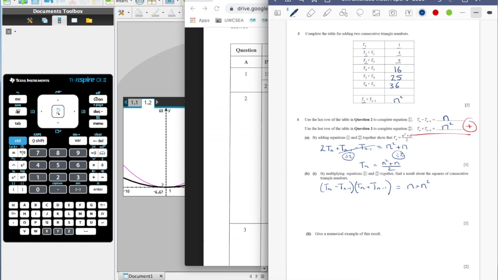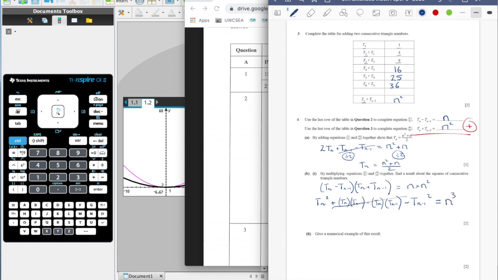Now what we've got here is a factorized difference of 2 squares. So we could simplify, and we could, in fact, let's do it. So we get Tn squared, plus Tn minus 1 minus that same thing, Tn minus 1, and I'm going to get a minus Tn minus 1 all squared, and that's going to equal n cubed.